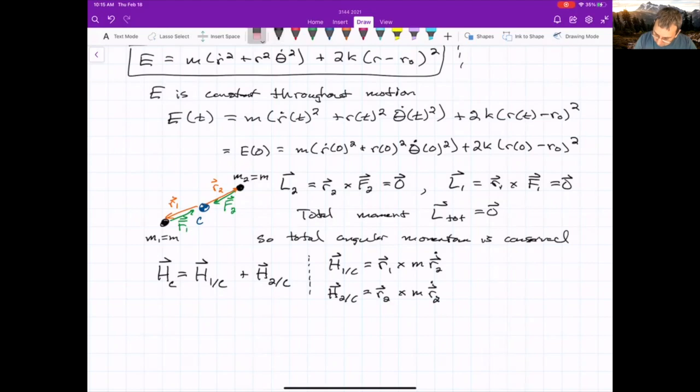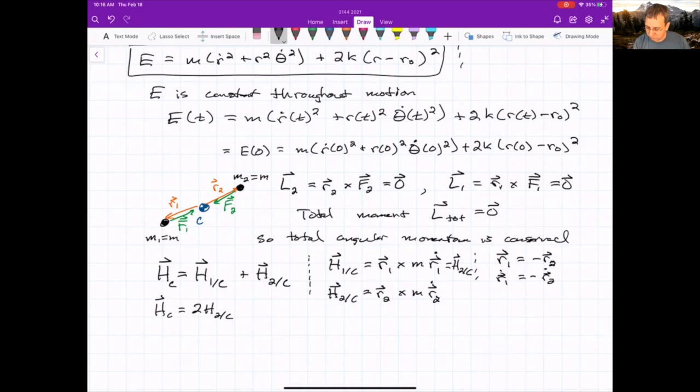Up here, this should be a 1. But then remember, R1 equals negative R2, and R1 dot equals negative R2 dot. So the two negative signs cancel, and this is the same as H2C. So the total angular momentum with respect to the center of mass is 2 H2C.